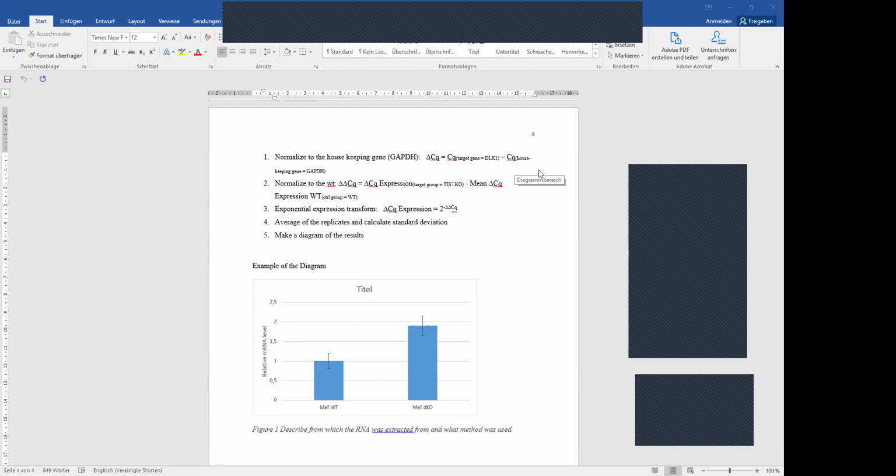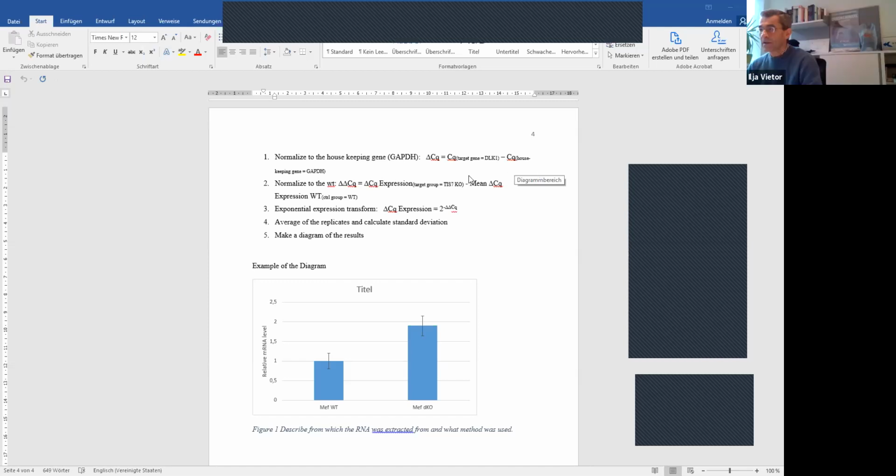Okay, and then you have the delta CQ expression 6 times, and you always have then minus the mean of the wild type. Exactly. So we have 6 values. And you have 3 values, so it's the mean of wild type only.